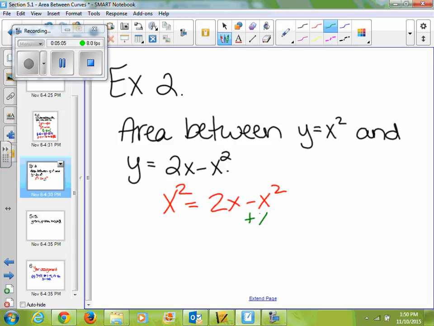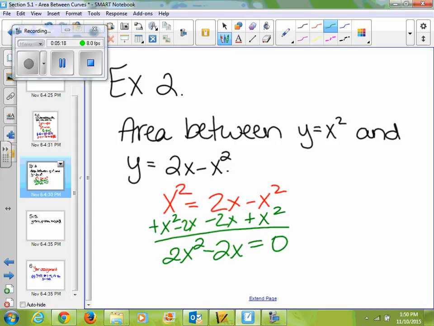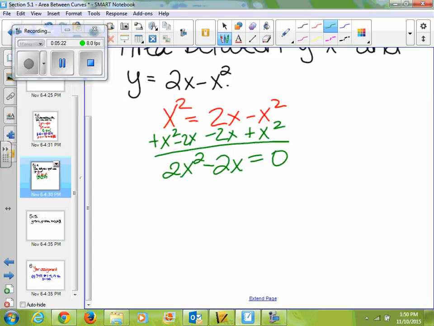So if I add x squared and subtract 2x, then I get 2x squared minus 2x equals 0. And if I factor out a 2x, then I get 2x times x minus 1 equals 0.